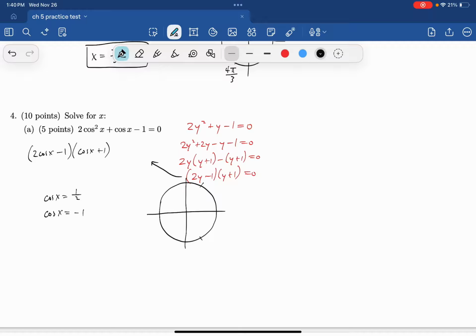That's 1/2. Cosine x equals 1/2, x coordinate 1/2. That's pi over 3, 5 pi over 3. And then for cosine x equals -1, that means that the x coordinate is -1. So that's here at pi. And so our final answer is going to be x equals pi over 3 plus 2 pi n, pi plus 2 pi n, and 5 pi over 3 plus 2 pi n.